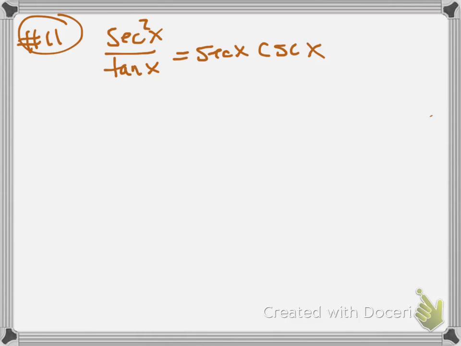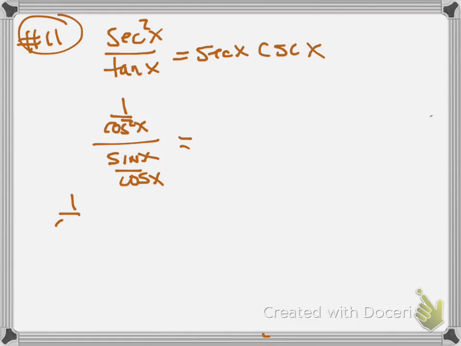The first thing I'm going to do, instead of writing the secant, I'm going to write 1 over the cosine squared of x divided by, and instead of tangent, I'm going to say sine of x divided by cosine of x. This is a little bit confusing, so instead of dividing by sine over cosine, let's multiply by the reciprocal.